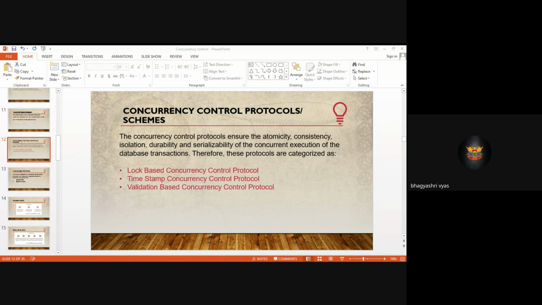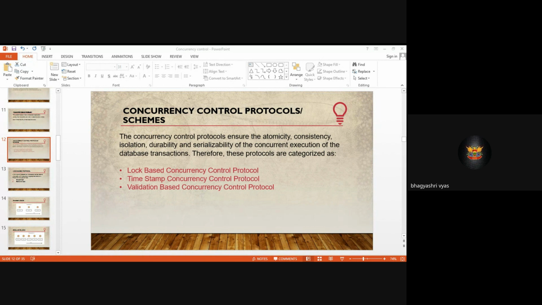Even though everything is performing at a concurrent level, the transactions are isolated from each other. So that is why we need the ACID properties.